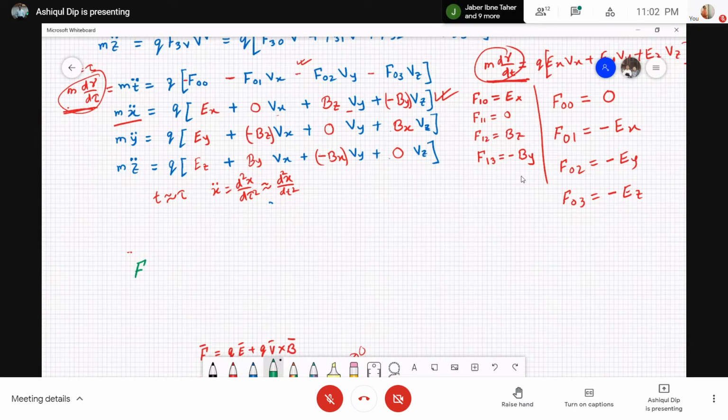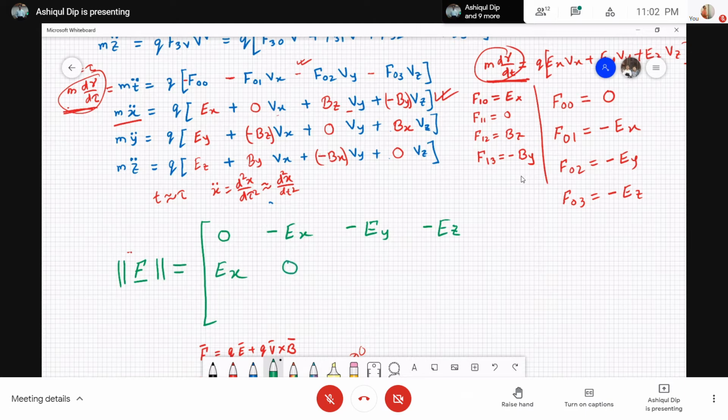So f, which is a tensor, but I'm considering a matrix out of it. The f00 component is 0. The f01 component is minus Ex. Then minus Ey, then minus Ez. Then the 10 component is Ex, then 0, then Bz, minus By.